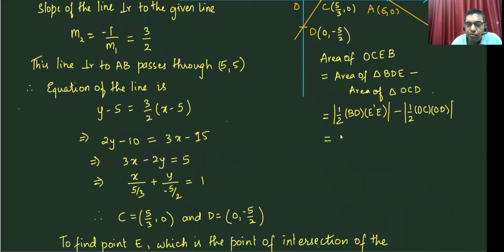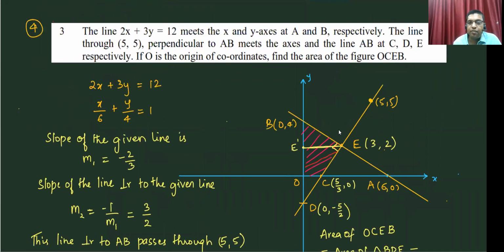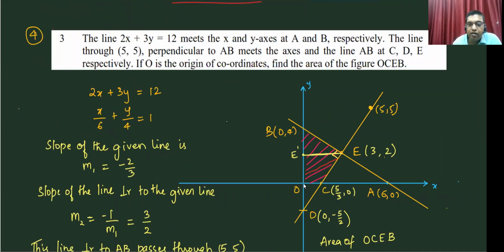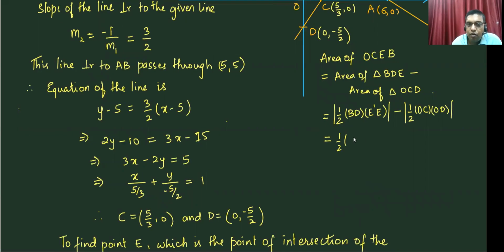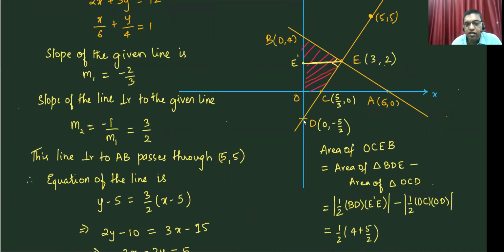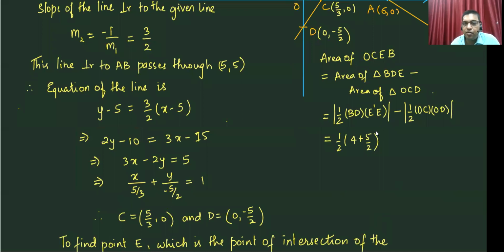So now what is BD? Half into OB plus OD. OB is 4. OD distance is 5 by 2. You can find it with the distance formula. It is y2 minus y1, since x2 minus x1 is 0 anyway. So 4 minus of minus 5 by 2, you will get 4 plus 5 by 2.